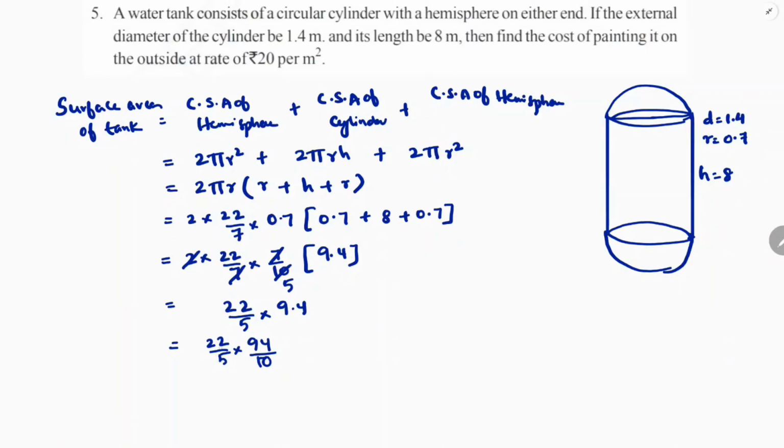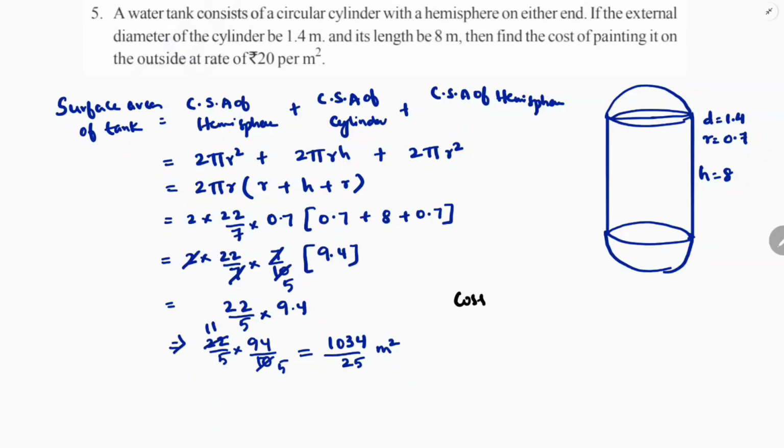And here you can cancel if you want, 2 times 11, 2 times 5. So here we'll get 11 times 94. 11 times 94 is 1034 by 5 into 5, 25. This is meter square.